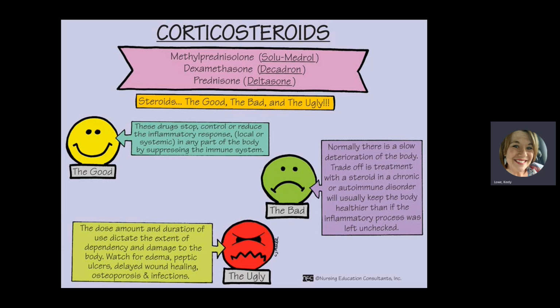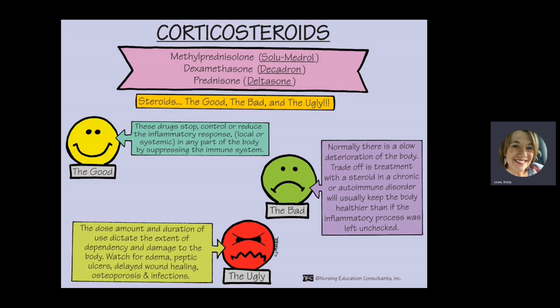Okay? So it decreases immune response, increases blood glucose. It can prevent calcium from being absorbed, so osteoporosis, lots of things that make it necessary to take it very short term. And then the ugly is that it can have a dependence.